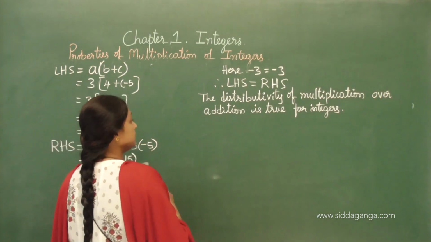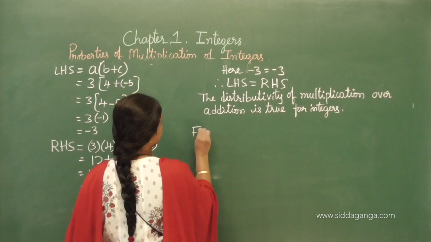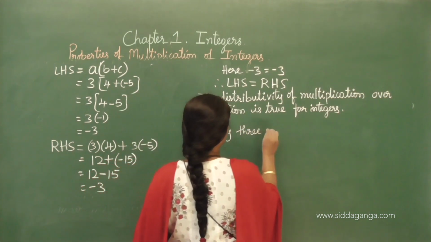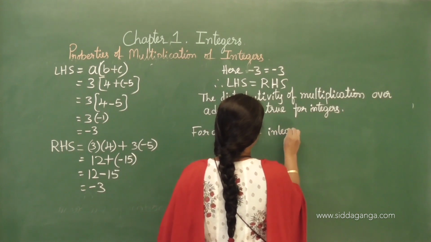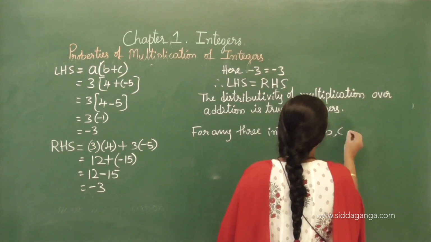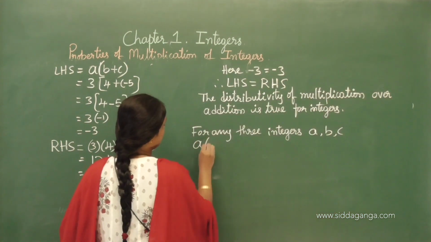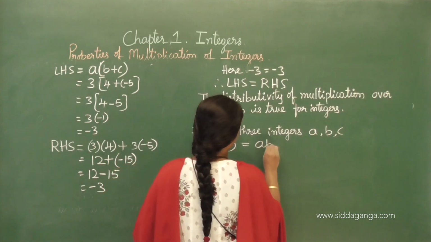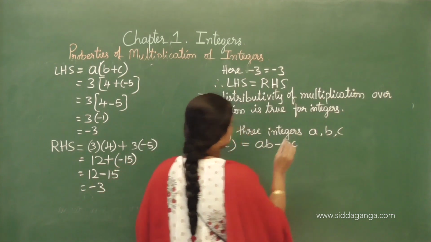The condition is for any 3 integers A, B, C: A into B minus C is equal to AB minus AC.